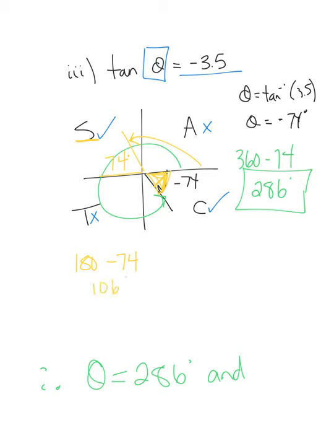So I'm just going to use red here. Just to visually show you again, this is 180 degrees. If I know this is 74 degrees, I can easily do 180 minus the 74 to get this missing angle. So 286 degrees and 106 degrees are my final answers.